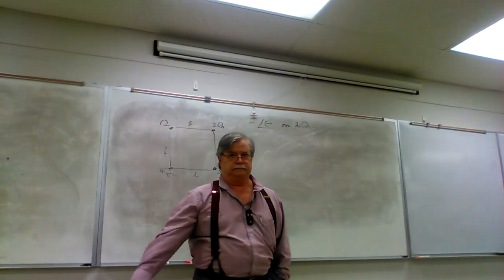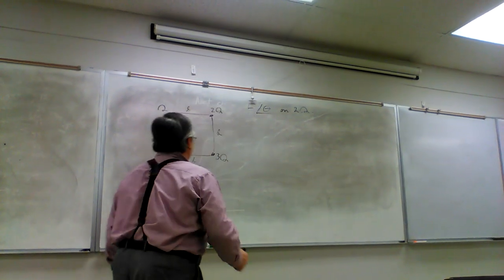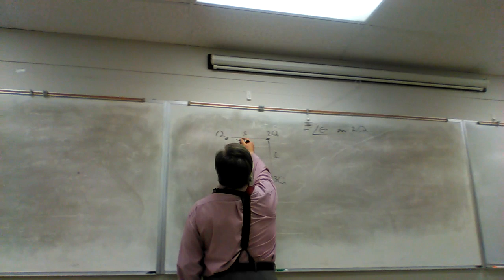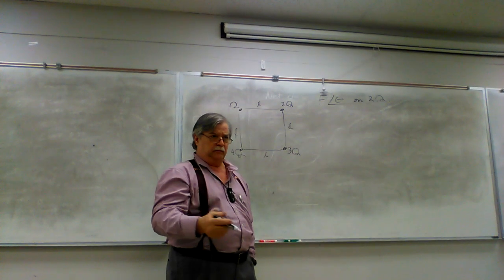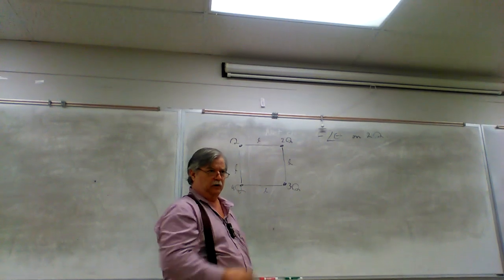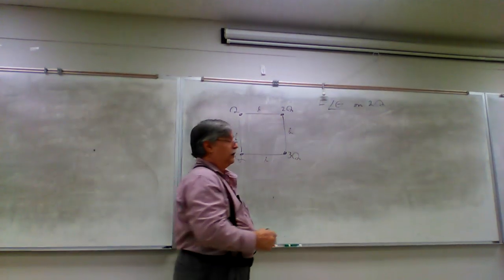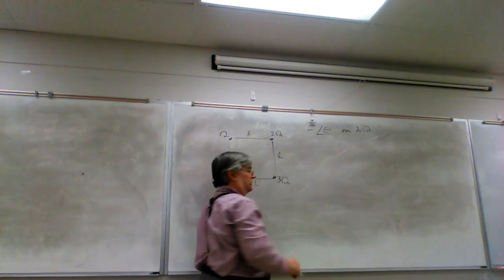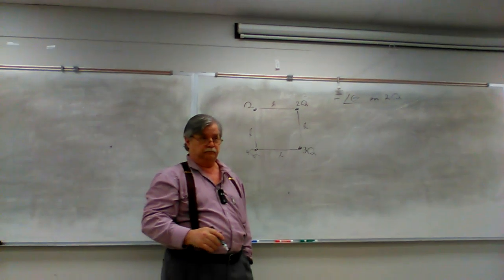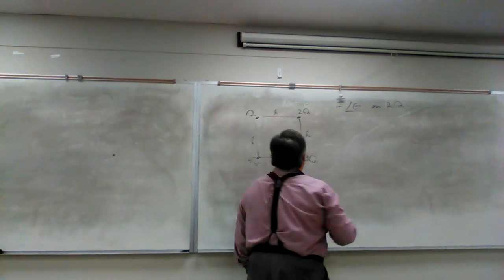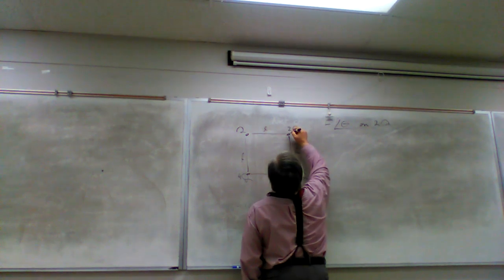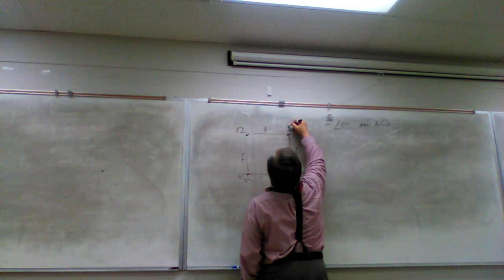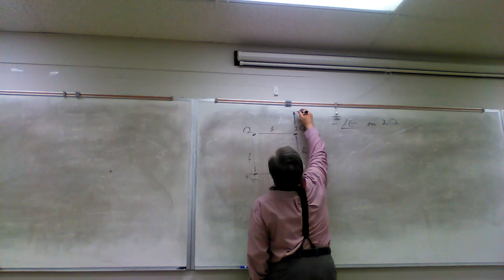All right. That means there are 3 other charges. Each one of them is exerting a force on 2Q. 2Q is also exerting the same force on each one of them. The force from Q is going to be pushing in that direction.